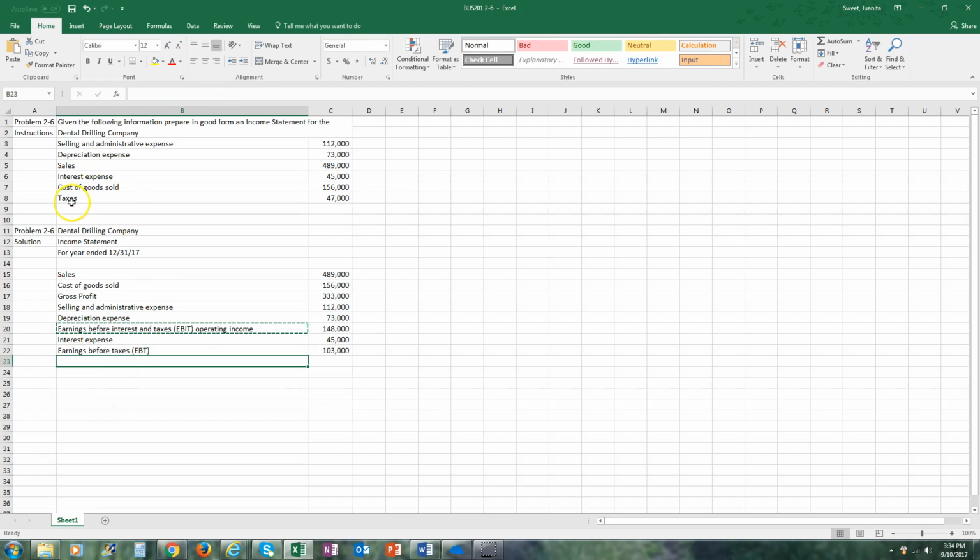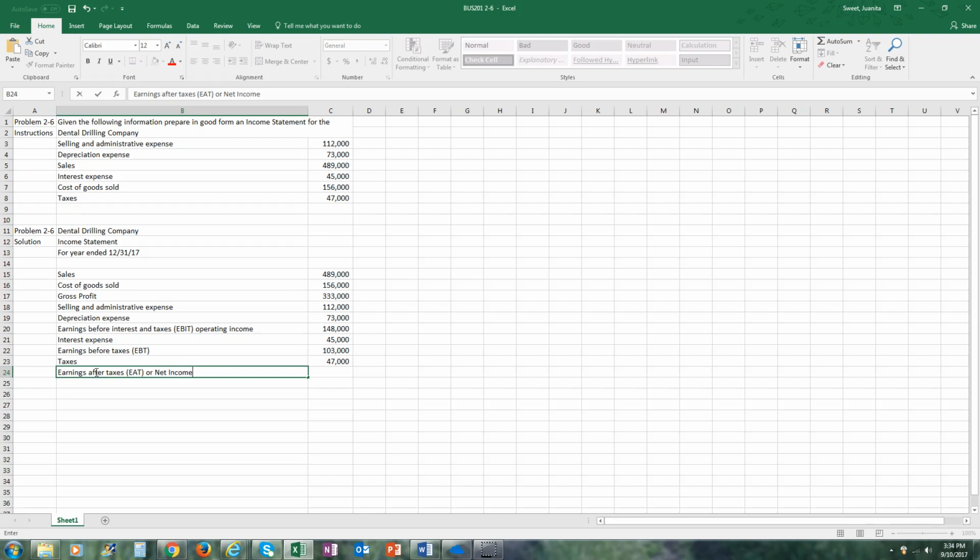Now we need our tax. Tax will either be shown as a percentage, or it will just be a flat number as given here. So this would give us our earnings after tax, or referred to as just net income.